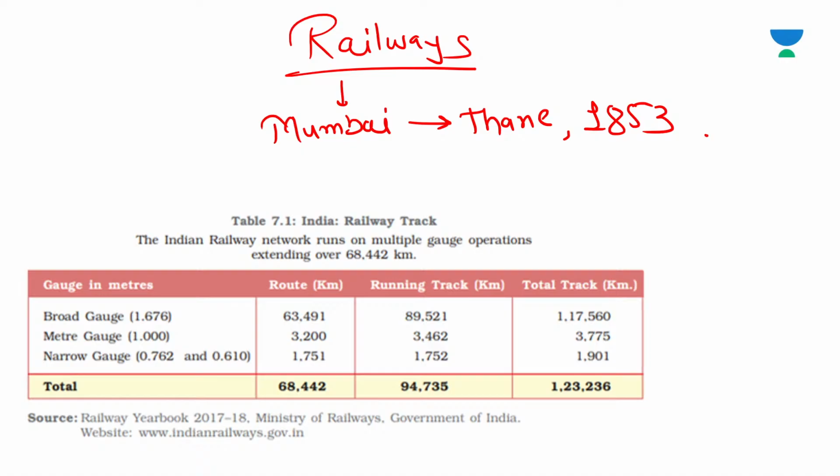So broad gauge is 1.676 meters, meter gauge is 1 meter, and narrow gauge is 0.762 and 0.610 meters. This is sourced from the Railway Yearbook 2017-18, Ministry of Railways, Government of India.